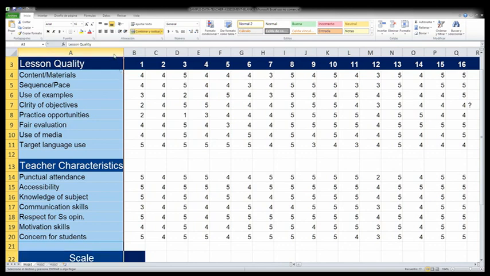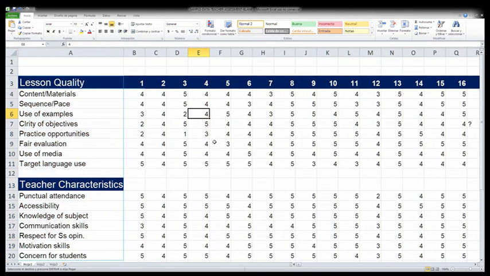Okay, so this is basically then how we analyze the data from a questionnaire with, in this case, a rating scale, but you will do exactly the same thing if it's another questionnaire, for example, with a Likert scale. Strongly disagree means 1, disagree means 2, undecided means 3, agree means 4, and strongly agree means 5.